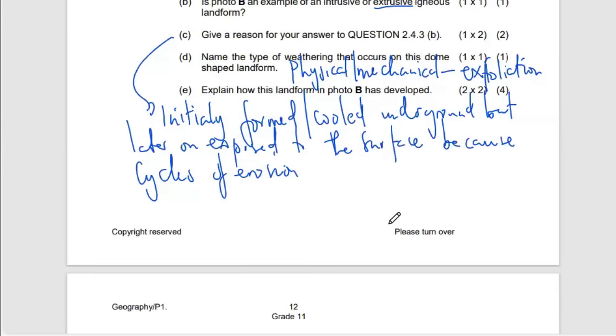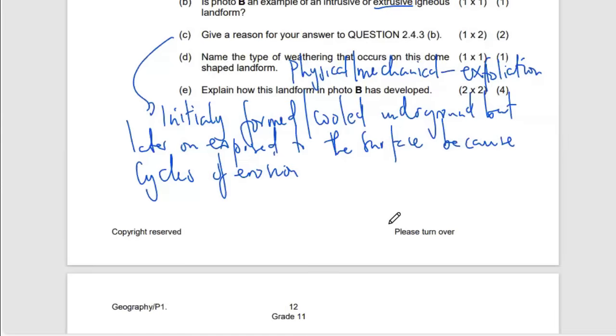The granitic domes form as a result of mass magma solidifying underground. Mass magma forces itself underground and cools down. And then the overlying rocks, being weaker rocks, are eroded through cycles of erosion, and the hard and resistant rock comes out in the form of that granitic dome, or those dome-shaped landscapes.